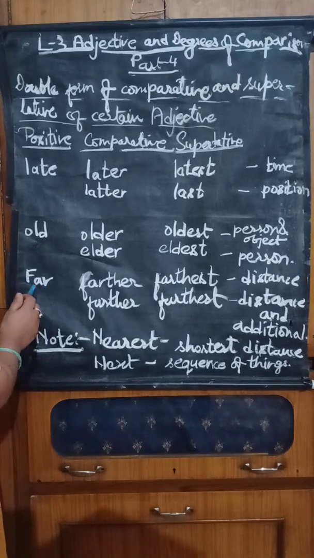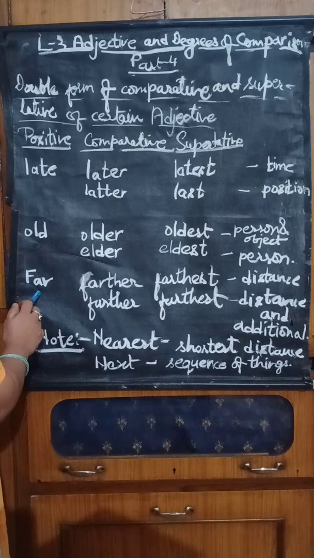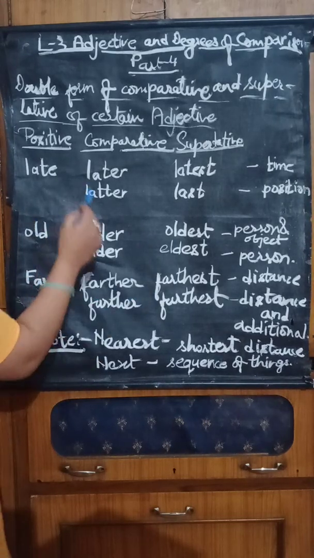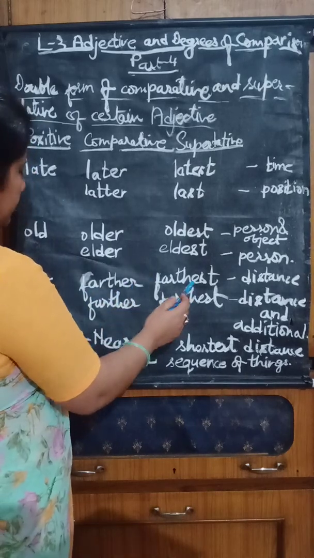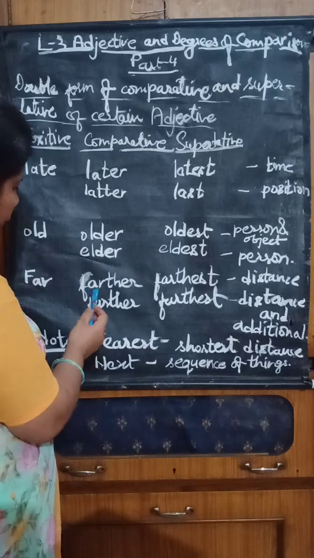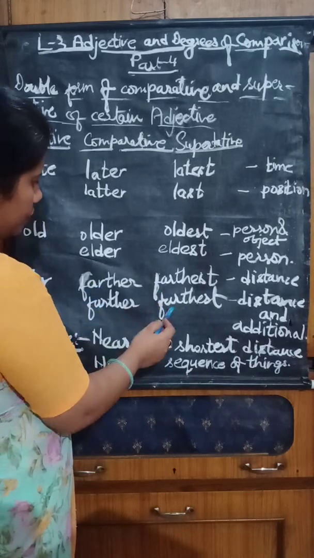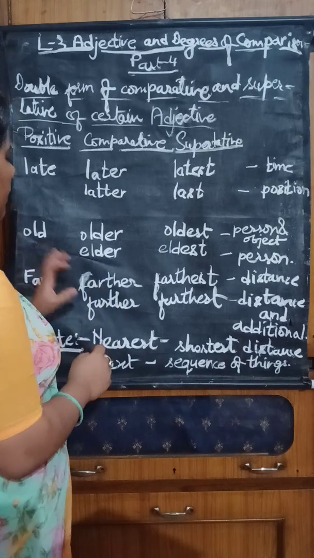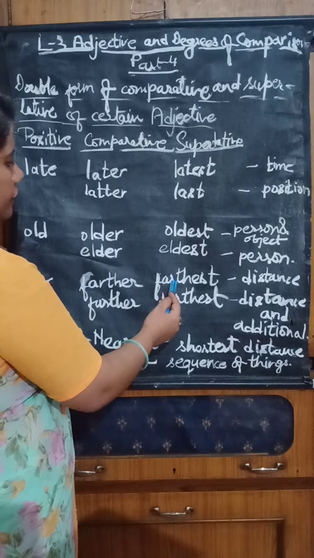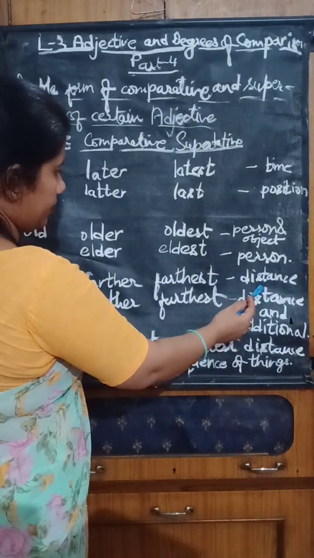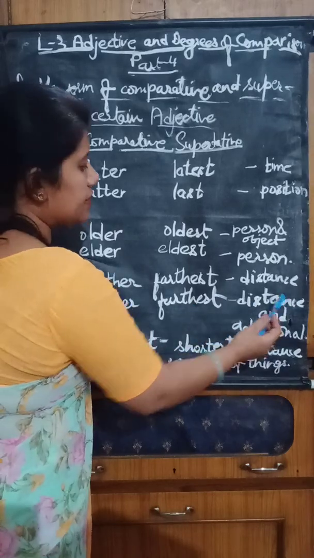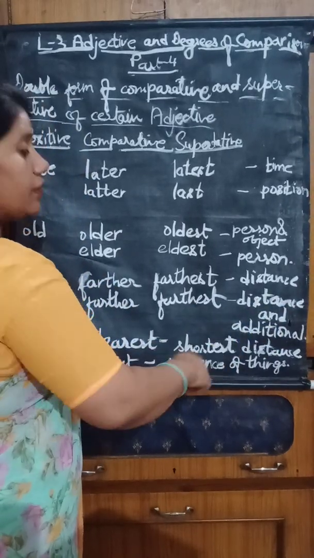Third word is far. Far is used for distance. The comparative forms are farther, farthest, further, and furthest. There is only a little change of A and U in the two spellings, and they both have a similar meaning, but a little difference: farther and farthest we use for distance, and further and furthest we use for distance and also for the additional.